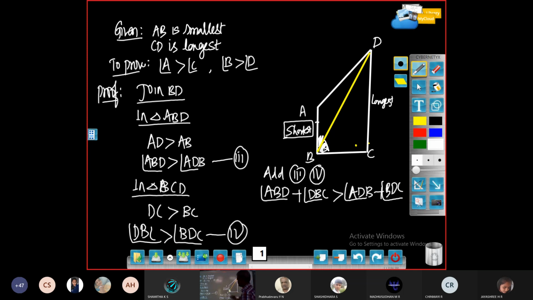The sum of these two must be ABC, which is greater than ADB plus BDC. If you add these, it gives you ADC. ABC is nothing but angle B, and ADC is nothing but angle D. So this is the second one. We proved angle B is greater than angle D.